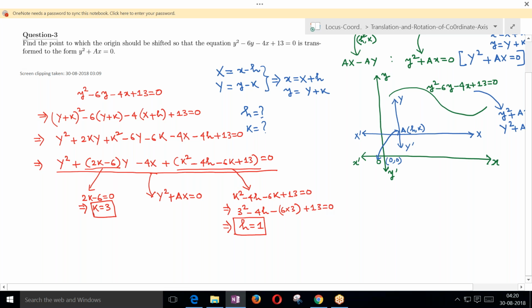So this is the answer to the question. Find the point to which the origin should be shifted.